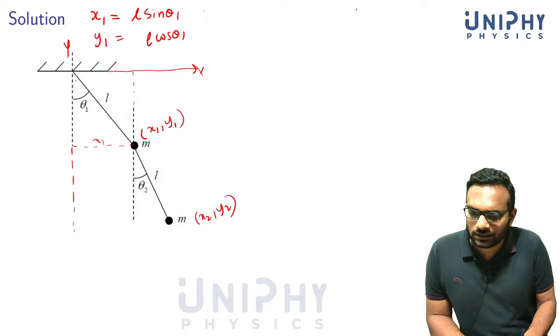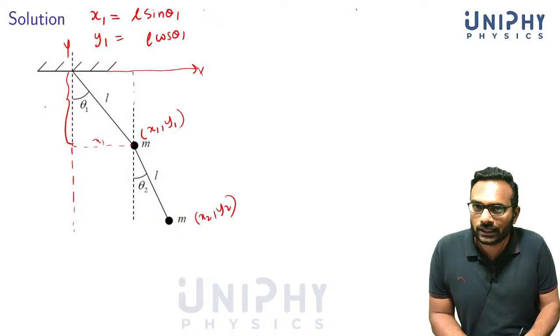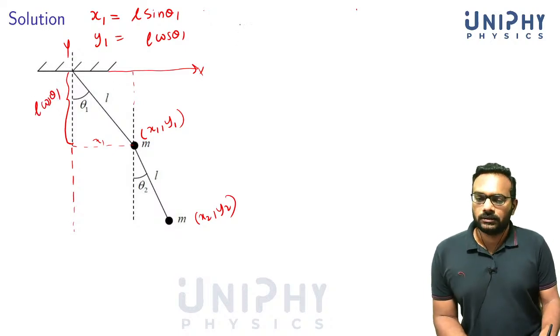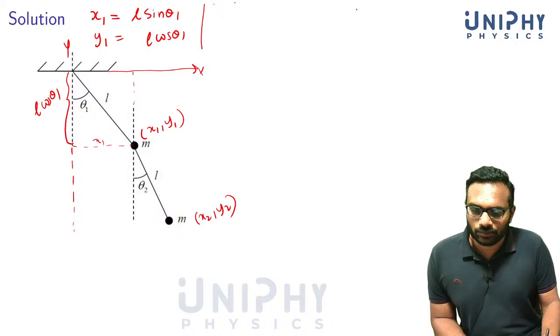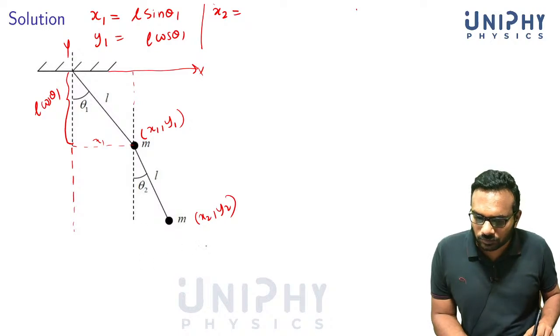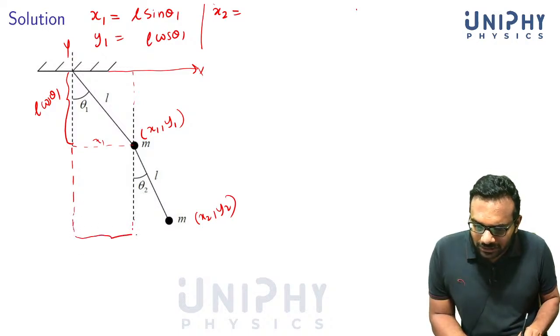It's obvious because this is y1, the y coordinate of this particle of mass m. What about the second particle? We will write x2 is equal to, here if you got x2 here. Now x2, if you are careful, is this whole length.